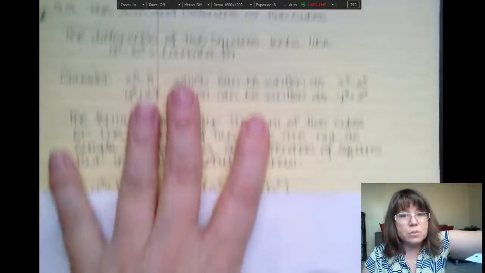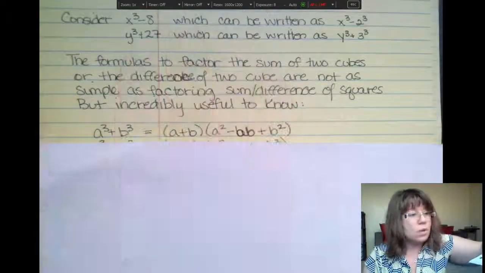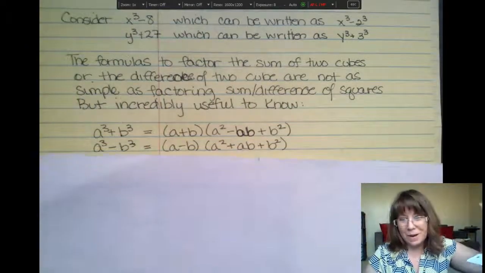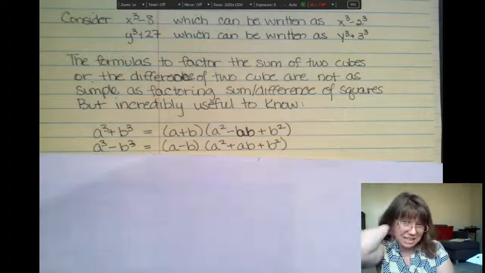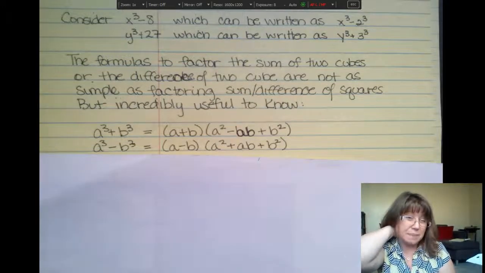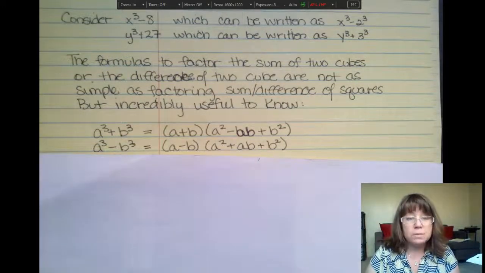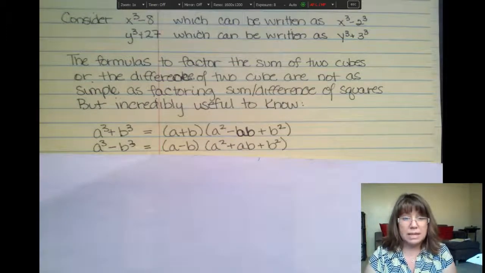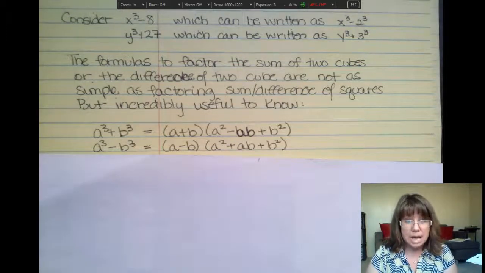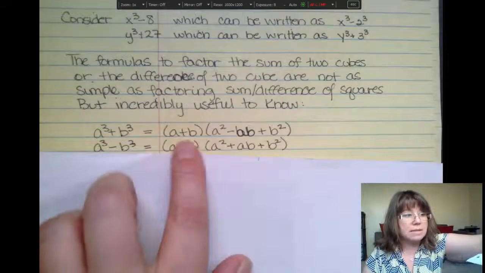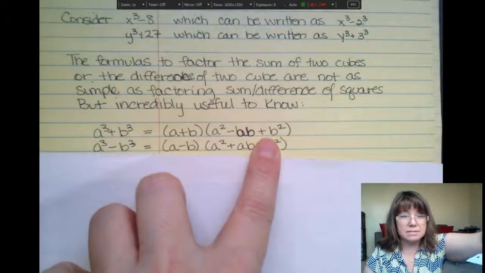So here's what we do have. We have two formulas that we can memorize, and here's an easy way of memorizing them. A cubed plus b cubed is going to be a plus b times the quantity a squared minus ab plus b squared. So when you factor it, your signs will go plus, minus, plus.